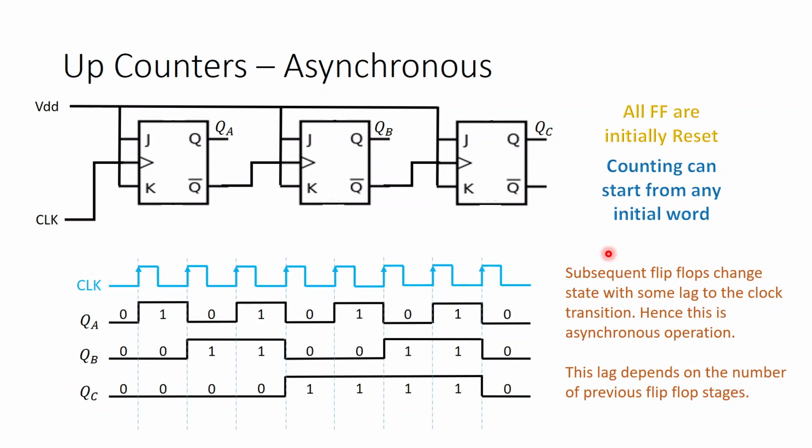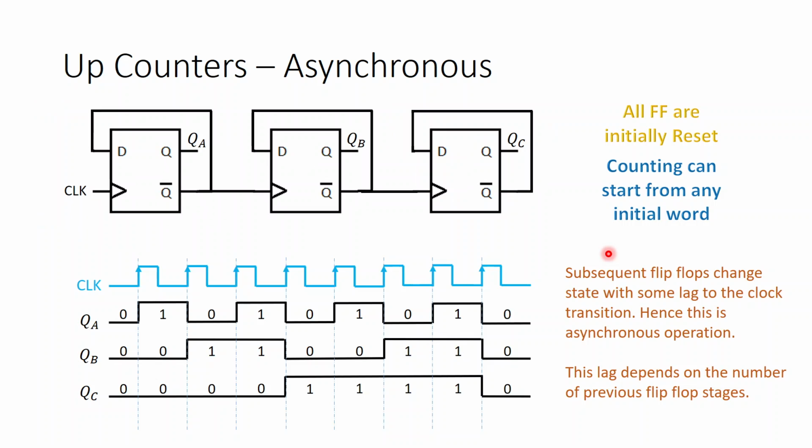The same operation can also be achieved by this particular circuit using the JK flip-flop. What is the connection you see? We are basically trying to toggle. That is all we are trying to do. In this flip-flop we are trying to toggle at a particular instant.